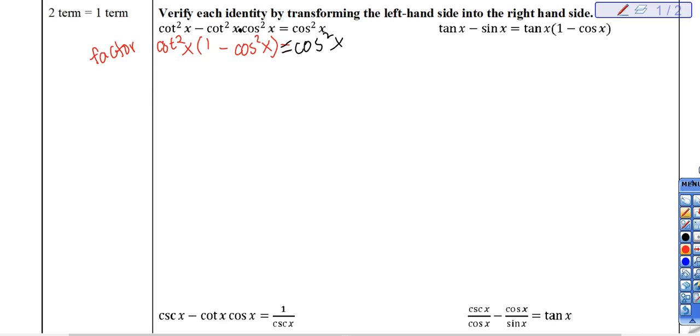So here we have cotangent squared x, I'm going to use substitution, and I'm going to replace 1 minus cosine squared x with sine squared x. And that is a Pythagorean ID. Okay, so PID is a good enough explanation for your test. I know what that means. Equals cosine squared x.